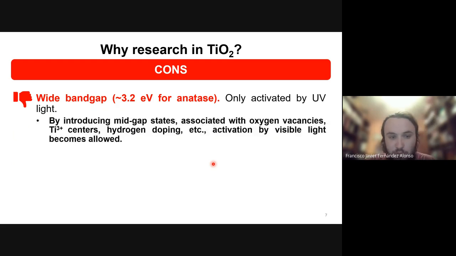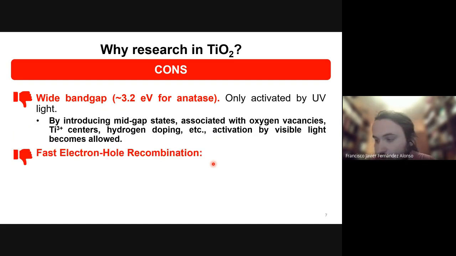However, it has been reported that by introducing defects or mid-band states that can be associated with oxygen vacancies, titanium 3 plus centers, hydrogen doping, etc., we can allow the absorption of visible light and in this way enhance the photocatalytic performance under solar light.